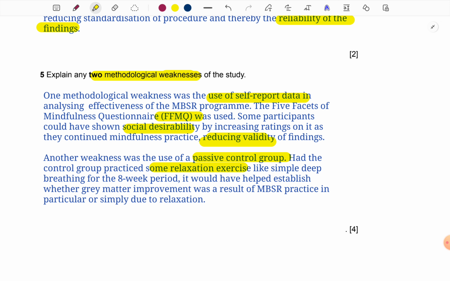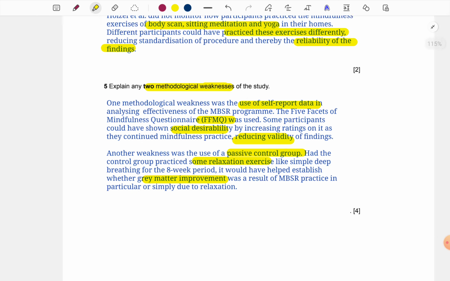And then because of expectations and feeling that one is better because of a positive outlook which is developing, is that a reason for some gray matter change in certain areas of the brain, especially areas which are related to emotion or empathy, because the person is just feeling good? Could that be a reason for increase in gray matter? That is something they could have looked into had the control group been active rather than passive.